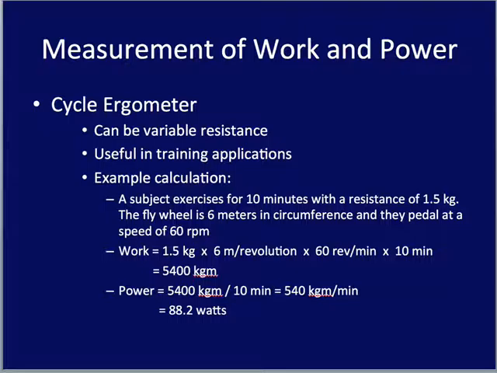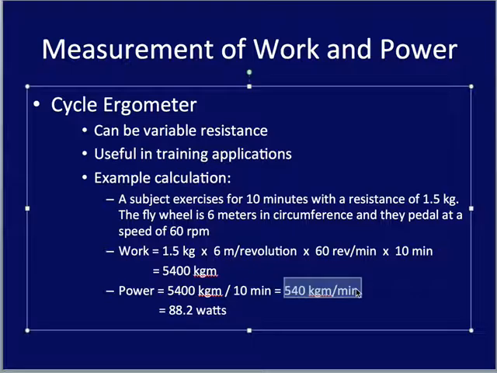So then we just divide that by 10 minutes to get the power, which originally came out to 540 kilogram meters per minute. But again, if we divide that by 6.12, we get 88.2 watts.